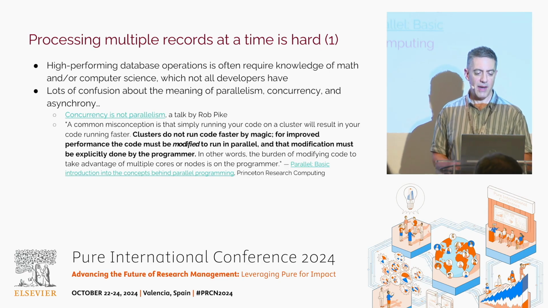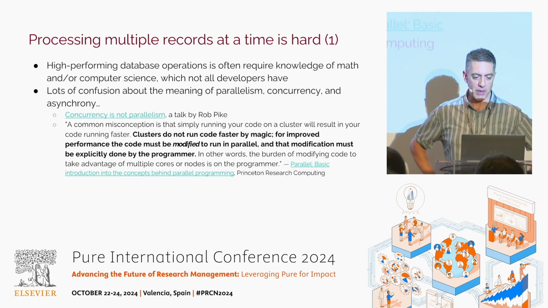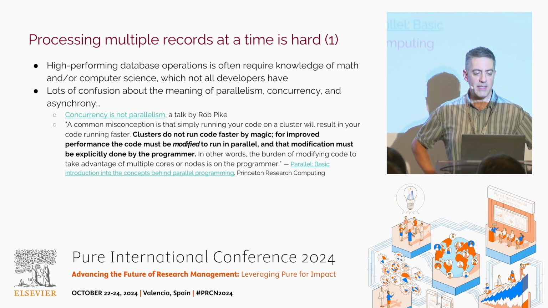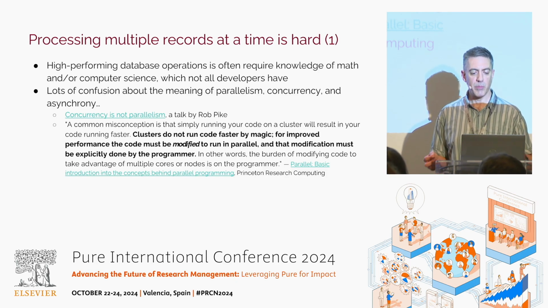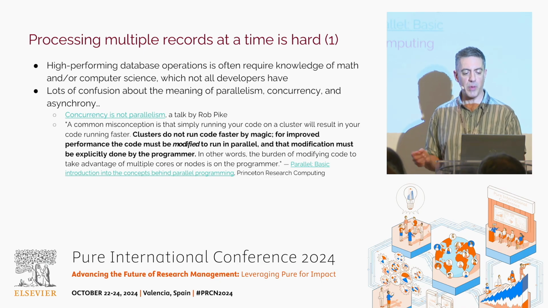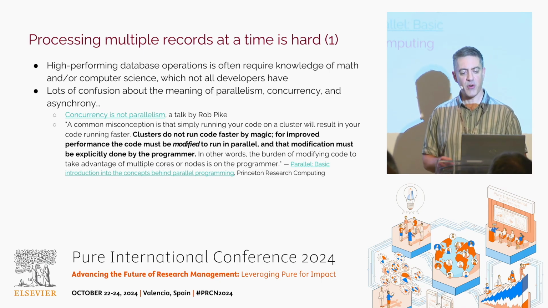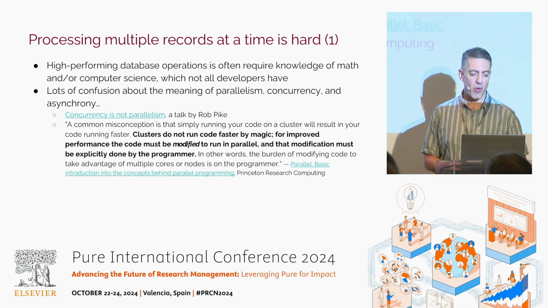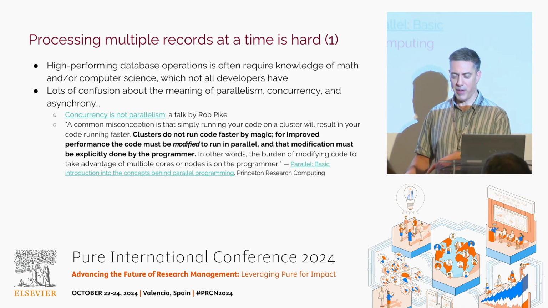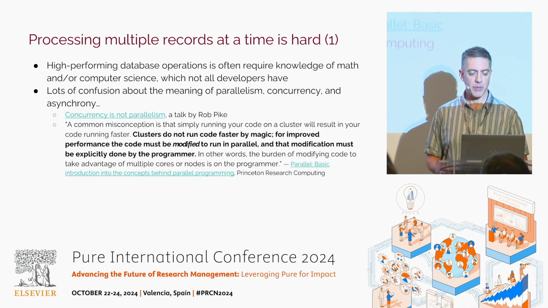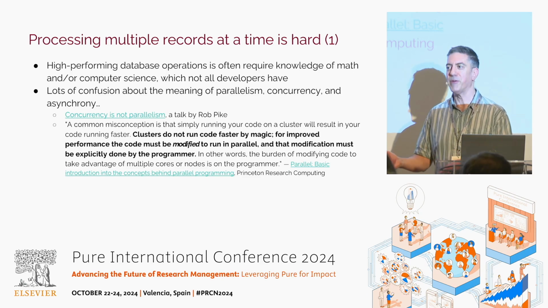And I love this quotation from Princeton Research Computing that I included on this slide. A common misconception is that simply running your code on a cluster will result in your code running faster. Clusters do not run code faster by magic. For improved performance, the code must be modified to run in parallel, and that modification must be explicitly done by the programmer.